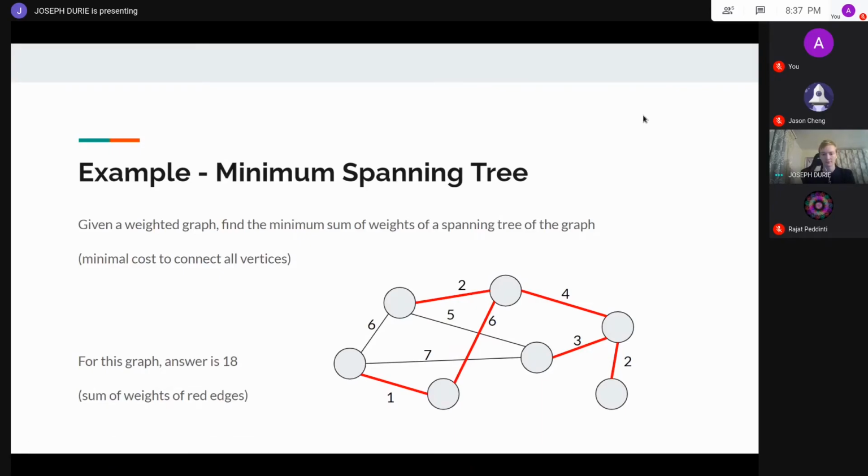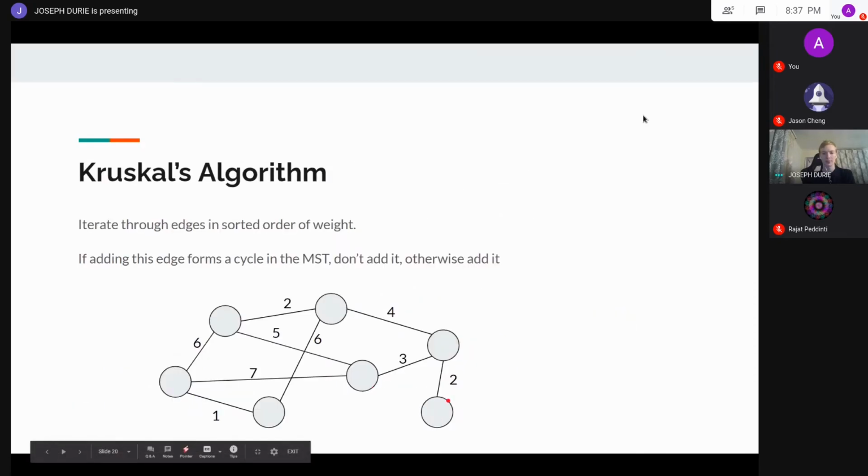Okay. The algorithm we talked about for solving this problem was Kruskal's algorithm, where we iterate through the edges in sorted order of weight. If adding an edge creates a cycle in the current MST, we don't add it. Otherwise, we do add it to the MST.